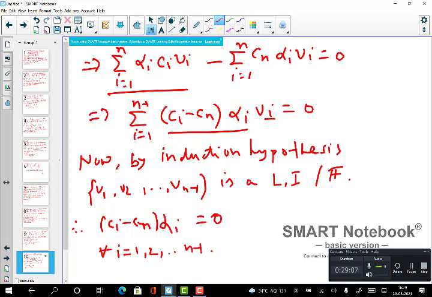Okay, but what does that mean? That means that c1, c2, up to cn minus 1 are all distinct, right? So ci minus cn cannot be 0.